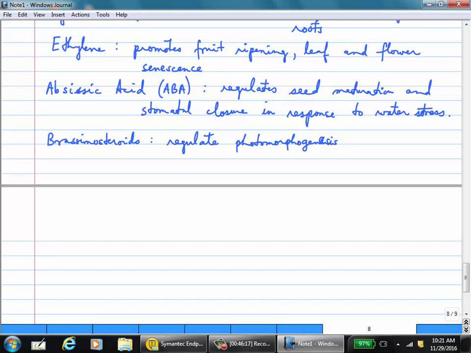So this is photomorphogenesis, changes that are brought about in form by light. So brassinosteroids regulate photomorphogenesis, then germination and other developmental processes.